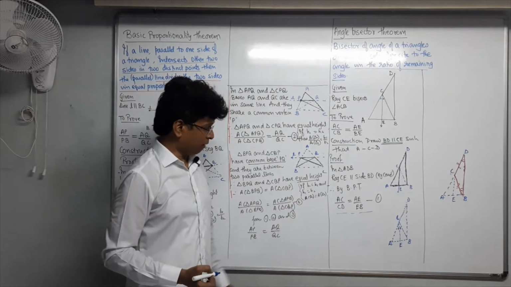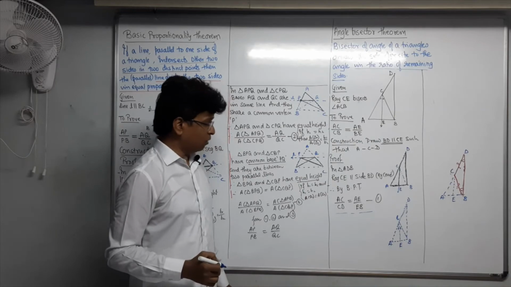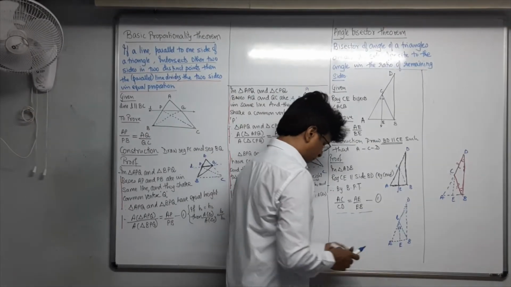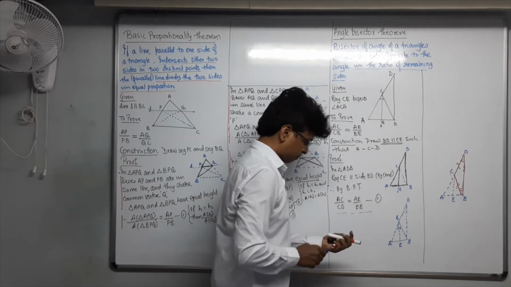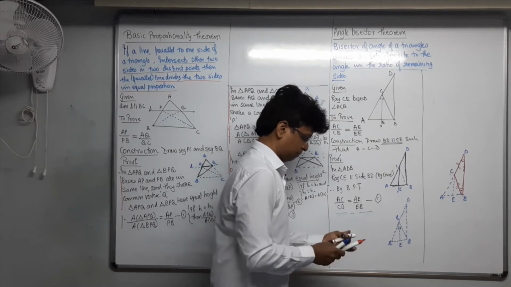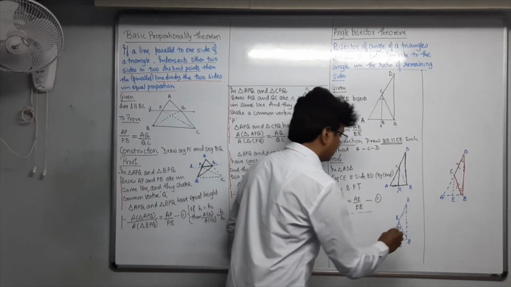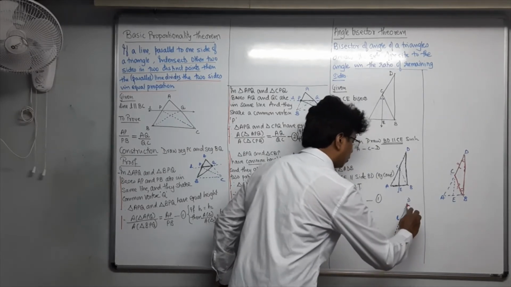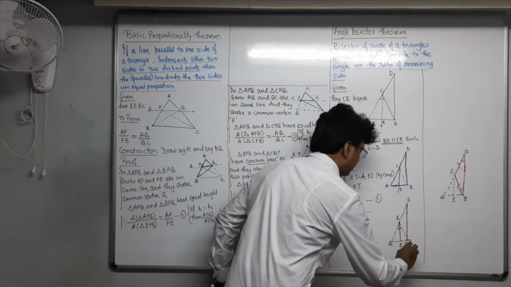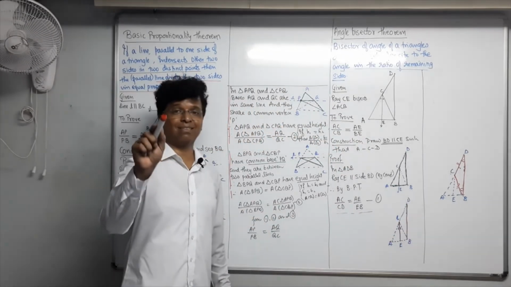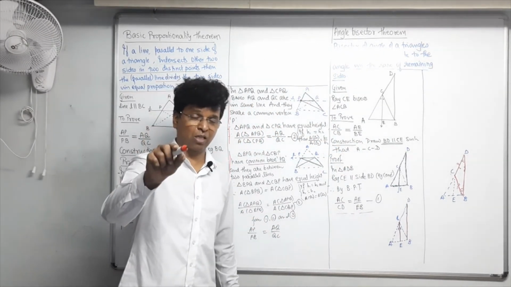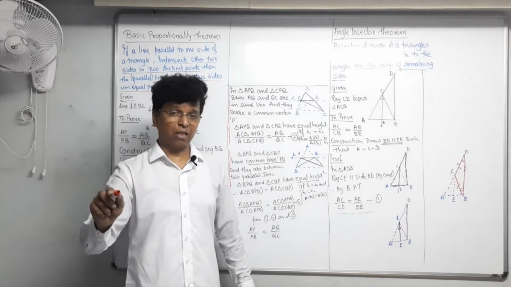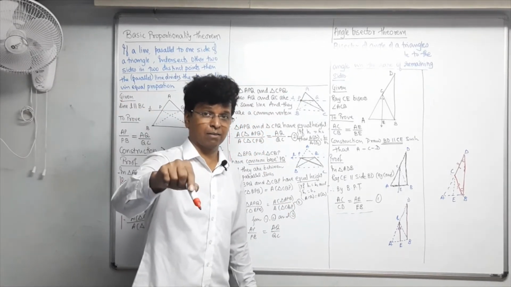These are congruent angles. So now if you consider they are parallel lines. See, these are parallel lines, CE parallel to BD. Now you have to make transversals. One transversal which will give you corresponding angles, another transversal which will give you alternate angles.